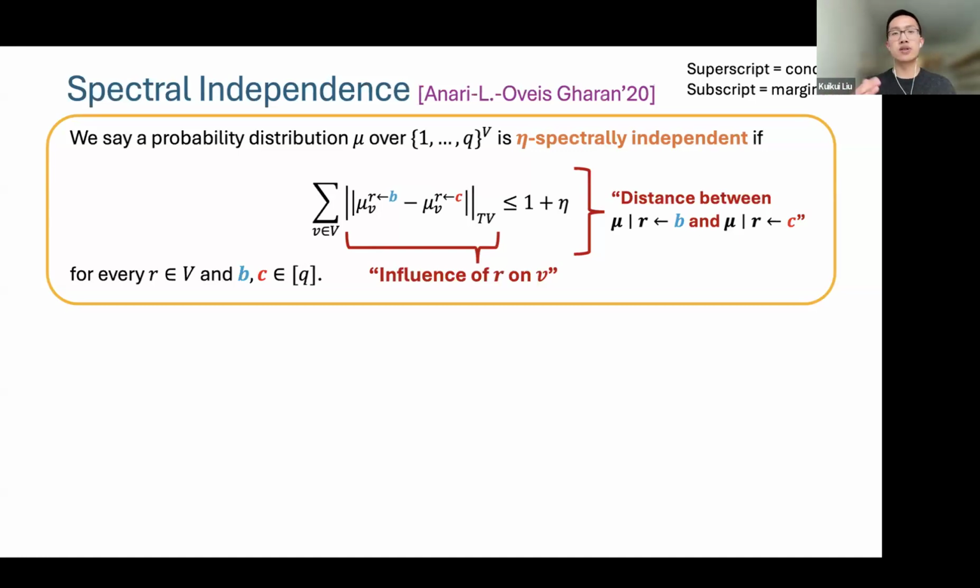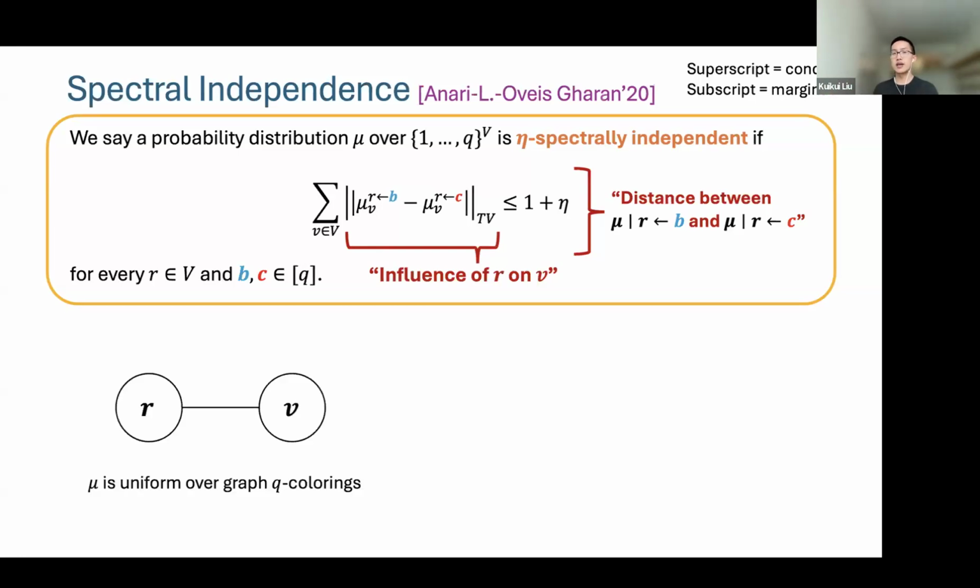So maybe let's see a couple of examples of this. Suppose I'm looking at the uniform distribution over colorings of this two vertex graph, where the two vertices are connected by a single edge. Now we can directly compute these conditional marginal distributions.